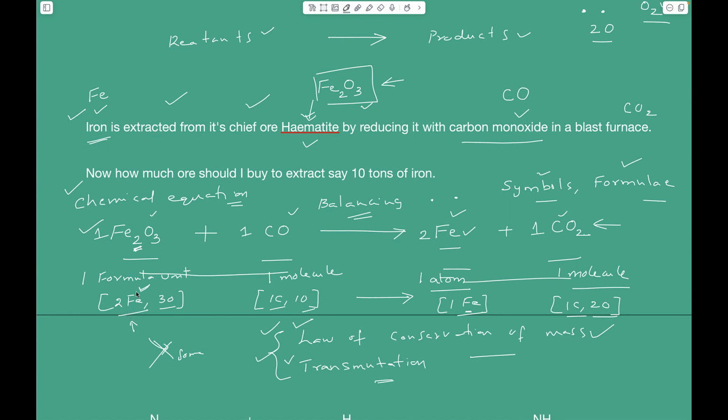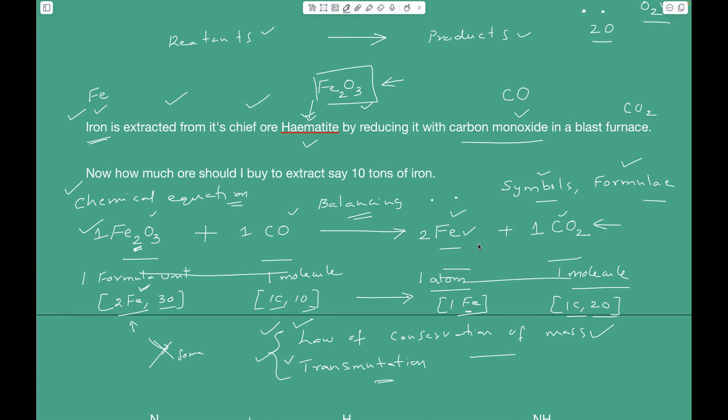So remember, never change subscripts while balancing a chemical equation. By doing that, you are changing the nature of that substance, right? So never change subscripts while balancing a chemical equation.